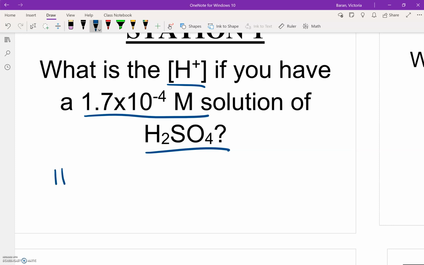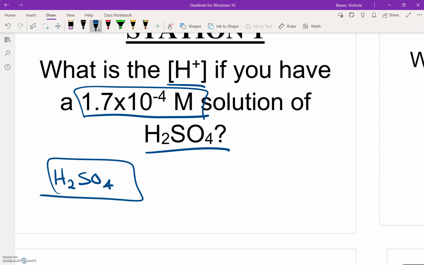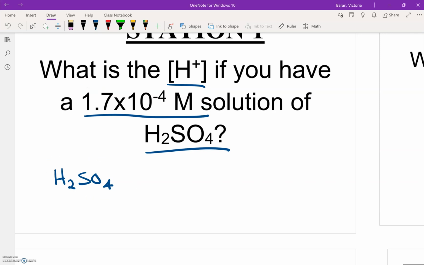But what you're going to have to do is dissociation. Notice that you have H2SO4, which is an acid, and they're telling me this is the concentration of it. However, when you use it to make a solution, it's going to dissolve and what we call dissociate.